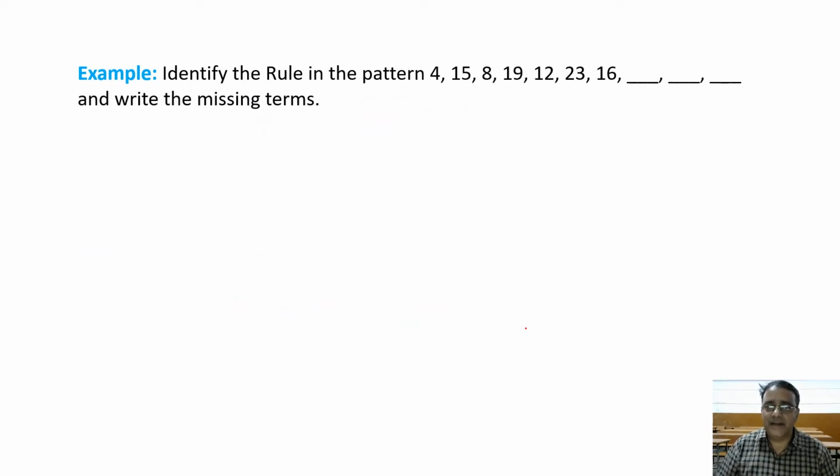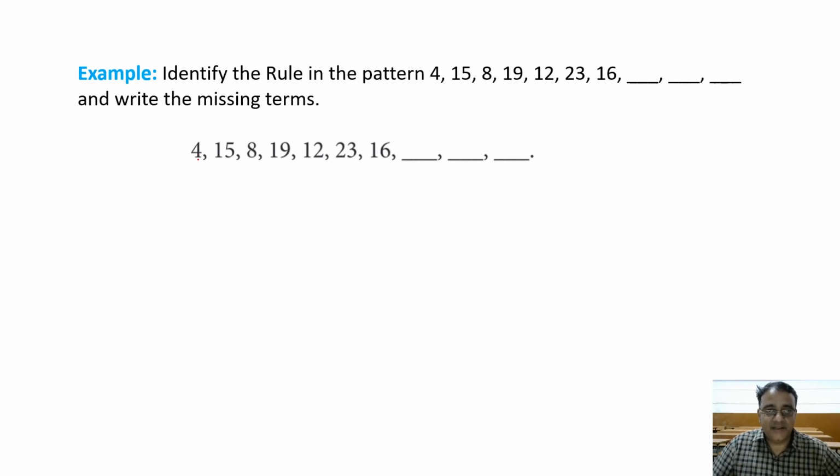Identify the rule in the pattern 4, 15, 8, 19, 12, 23, 16, so on. Write the missing terms. So ध्यान से देखो, 4 में अगर हम लोग plus 11 कर रहे हैं तो 15 मिल रहा है, plus 11. और 15 के बाद कम हो गया, -7. फिर से plus 11 in 19, फिर से -7, 12.